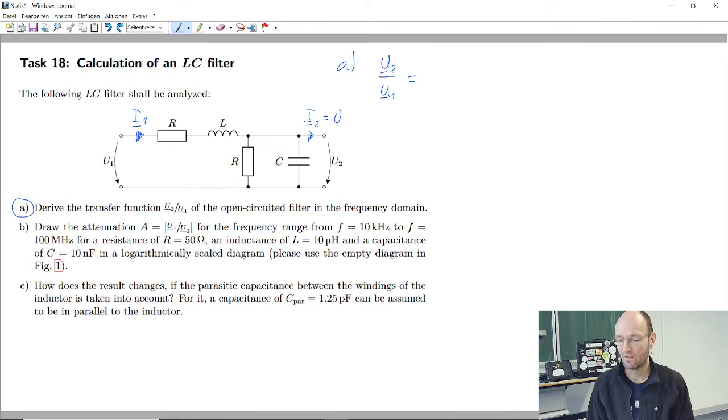And so the output voltage is like the partial voltage, and the input voltage is the total voltage, the full voltage across this. So how does then the voltage divider rule work?